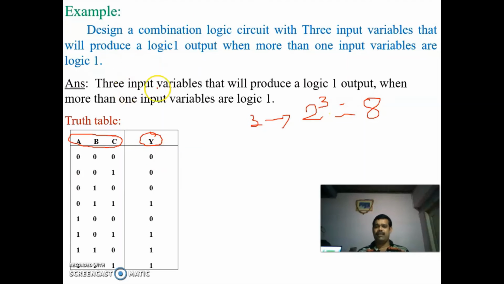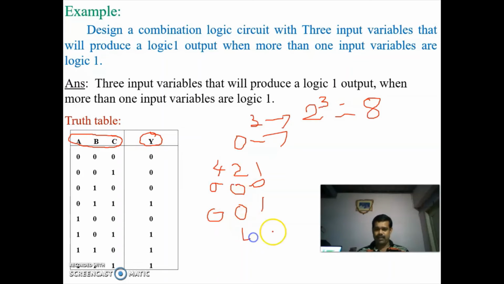So 8 combinations of inputs means from 0 to 7. You start writing from 0 to 7, 0 0 0 for 0. For 1 you put 1 below 1. Next, for 2 you put 1 below 2. For 3, 2 plus 1 is 3, so you put 1 below 2 and 1.